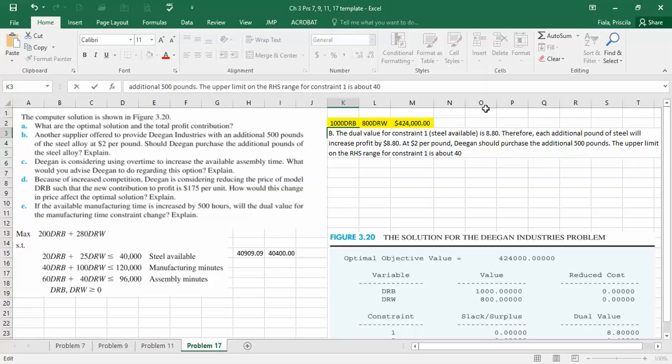It's not dollars, sorry, it's pounds. So the dual value of 8.80 is applicable for an increase of as much as 909 pounds.